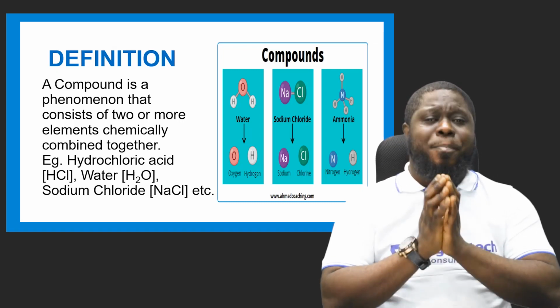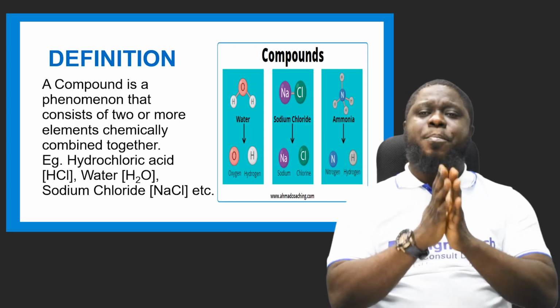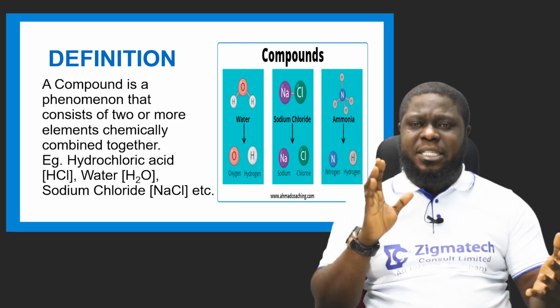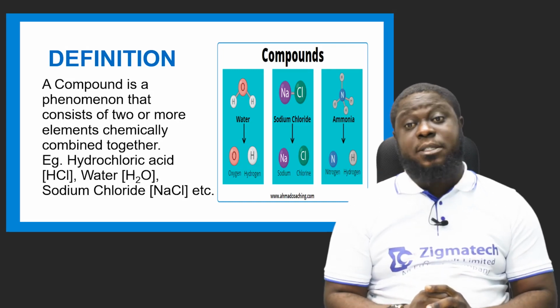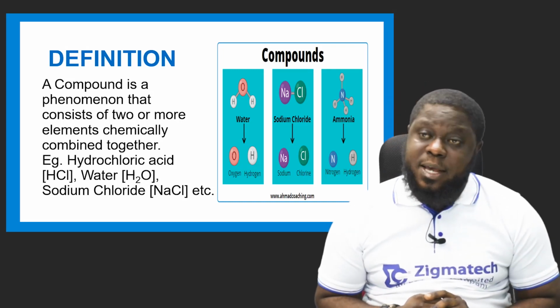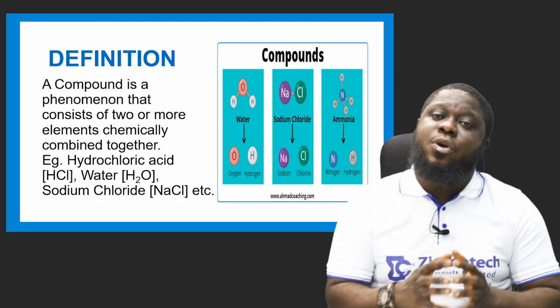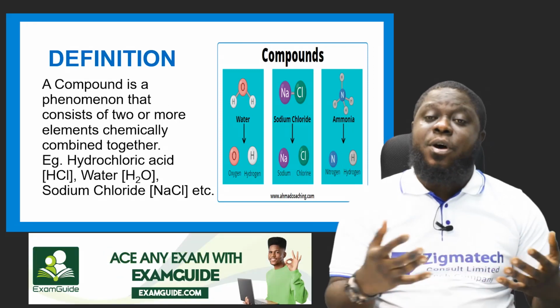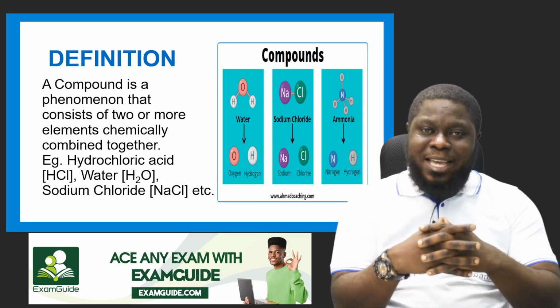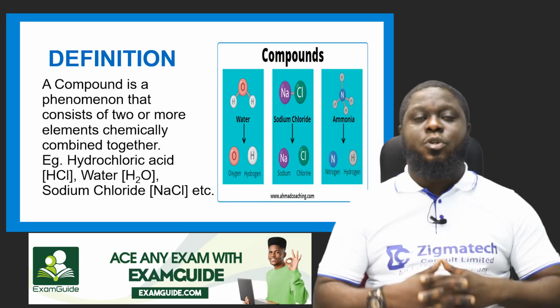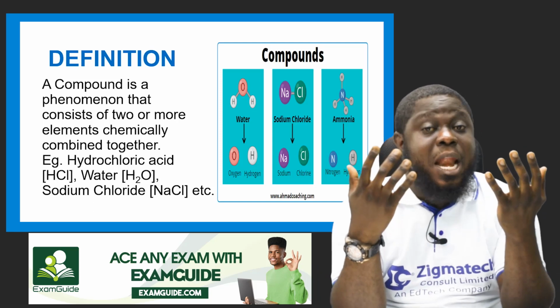It cannot go back. It cannot be separated. In that sense, it is chemically combined. Hydrochloric acid, water, sodium chloride, etc. cannot go back to their original form because the constitution of these two elements has been bound chemically.